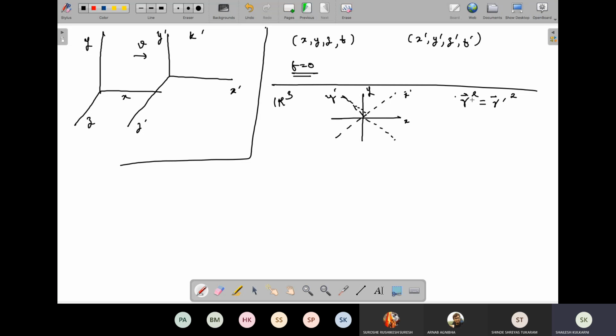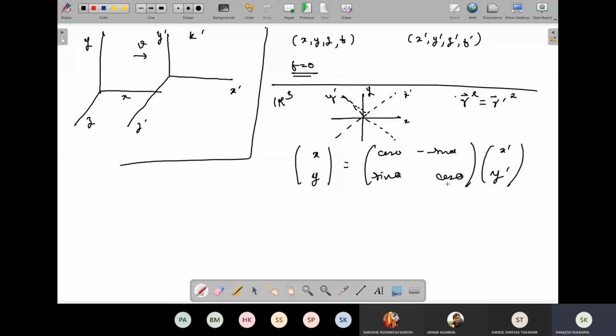You use this fact and you derive x y equal to cos theta minus sin theta, sin theta cos theta, times x prime y prime. I hope you know this. Or x prime y prime equal to, you just change theta to minus theta, then you will get cos theta sin theta, minus sin theta cos theta, times x and y.